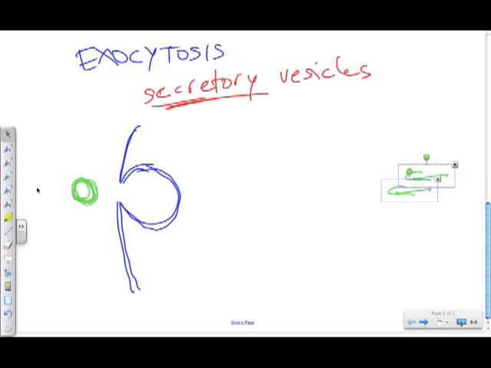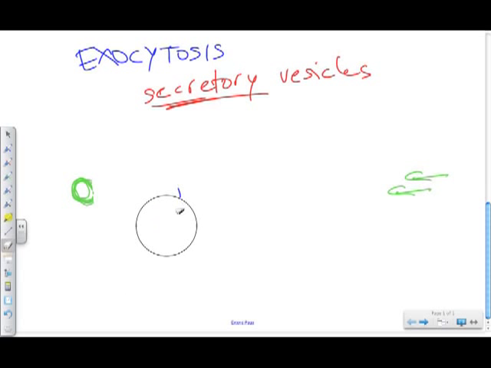So the membrane is going to stretch out and remain its actual size, having gotten rid of the particles that they need to.